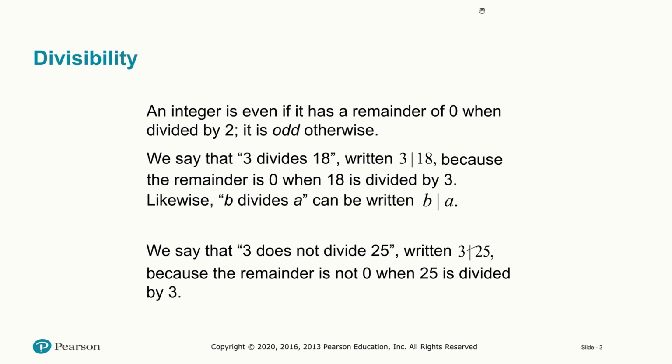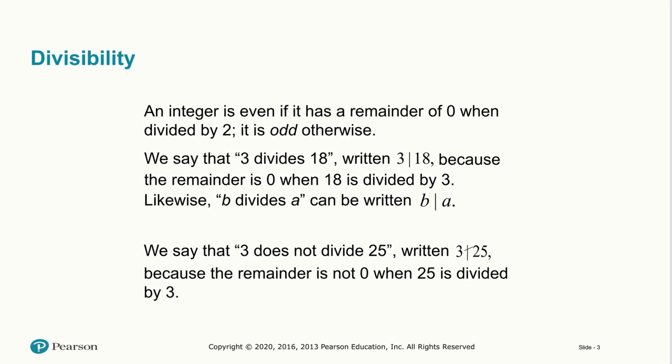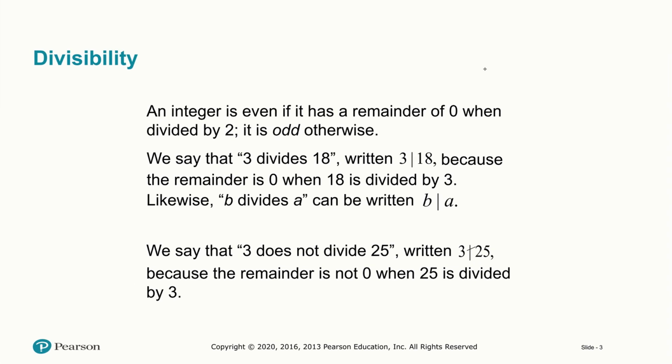All right, the first thing to understand about divisibility is that when we say a given number is divisible by another number, we mean that when division occurs, the remainder is 0. For example, 6 is divisible by 2 because when we divide 6 by 2, we get a remainder of 0.